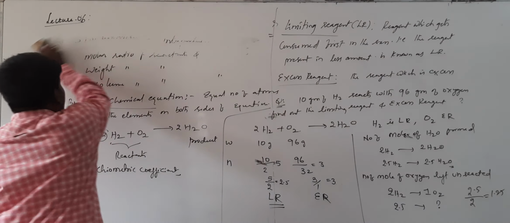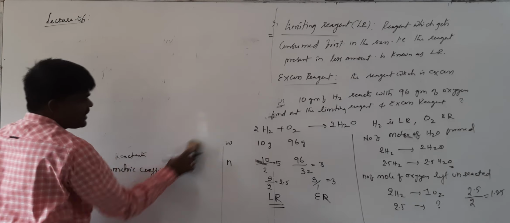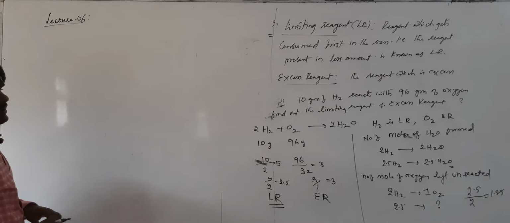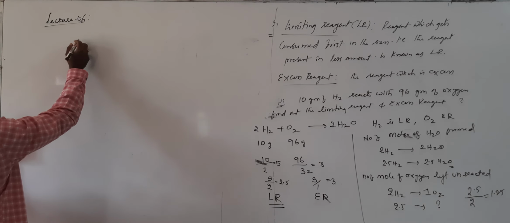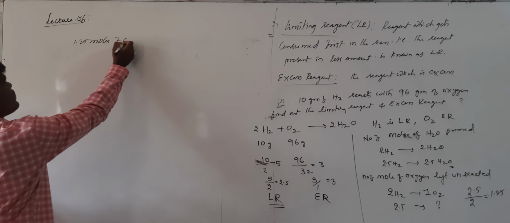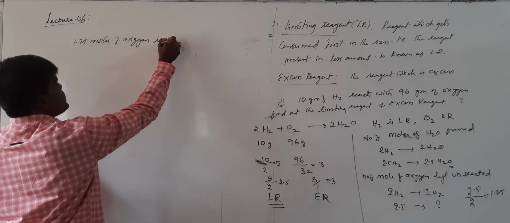If 1.25 moles are going to be reacted, how many moles will be left unreacted? See, in the reaction out of 3 moles, 1.25 moles of oxygen is undergoing reaction, right, is reacted.